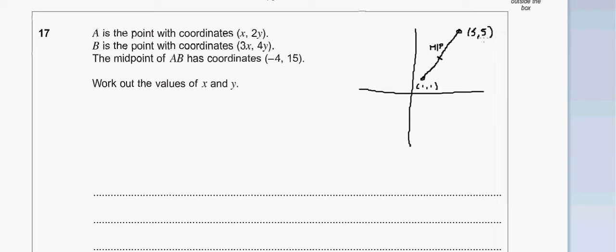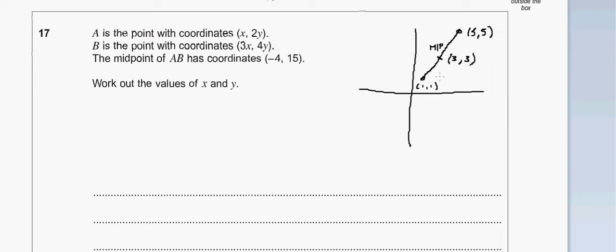Then to find the midpoint, I would add the two x's and divide by 2. So 1 plus 5 is 6, divided by 2 is 3. And then the same with the y-axis, so 1 plus 5 is 6, divided by 2 is 3. So I know the midpoint is 3, 3.